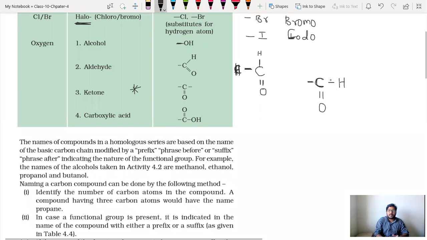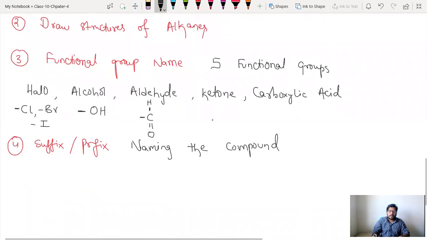If you fill hydrogen, it becomes aldehyde, right? One bond is hydrogen and double bond is oxygen, so ketone will become aldehyde. Don't make that mistake. Definitely there should be carbon on these bonds, and in the middle a double bond oxygen.